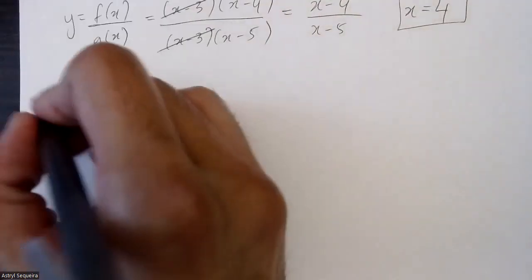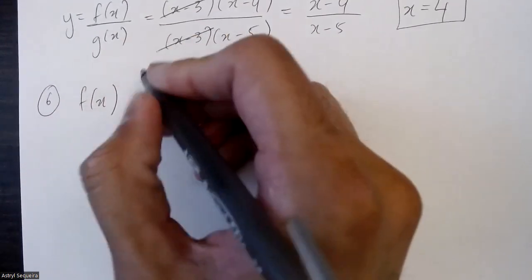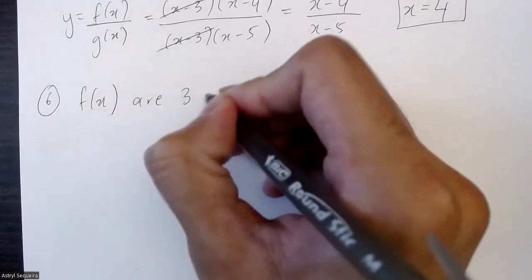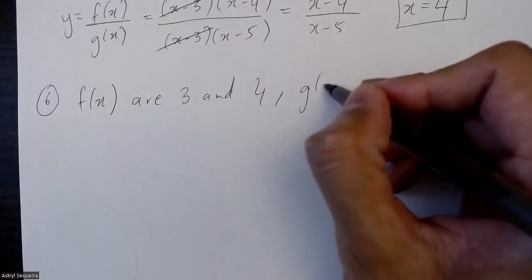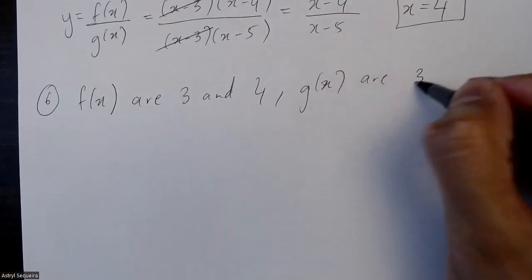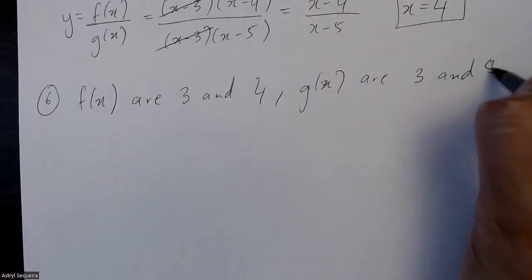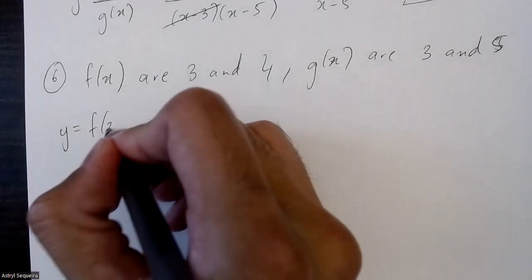Sixth question, the zeros of f of x are 3 and 4, and the zeros of g of x are 3 and 5, and we need to find the zeros of f of x times g of x.